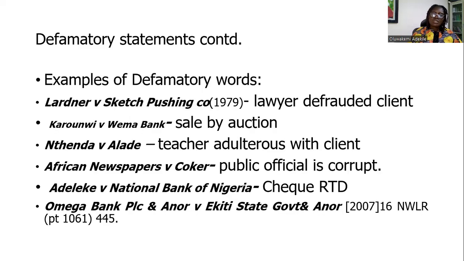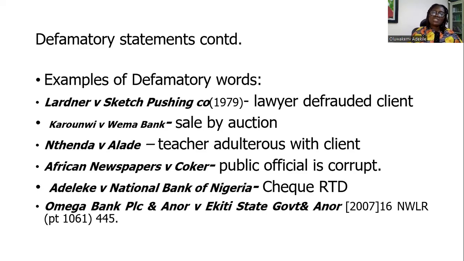Some statements that have been held defamatory are found in this case, Ladner and Sketch Publishing Company, when there was an allegation that the lawyer was fraudulent. Lawyers are supposed to be the epitome of the best behavior and integrity. They're not supposed to commingle the client's funds with their own personal accounts.